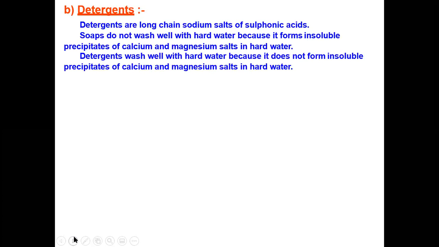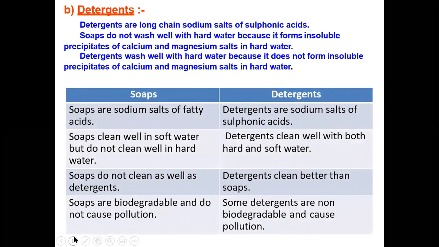Now, detergents. What are detergents? Detergents are long chain sodium salts of sulfonic acids. Soap does not wash well with hard water. It forms insoluble precipitates of calcium and magnesium salts in hard water.